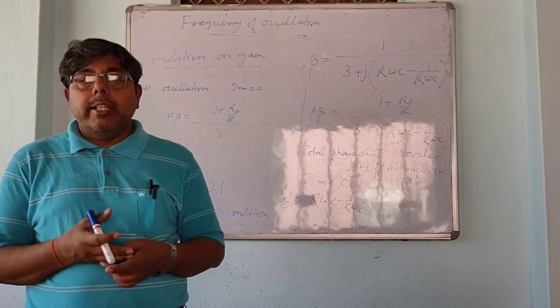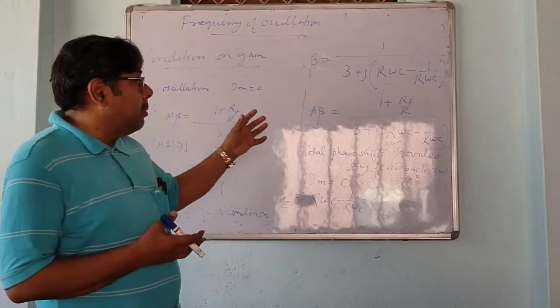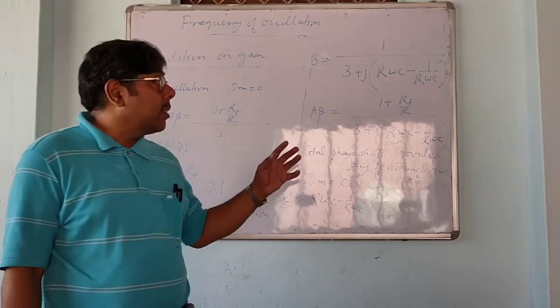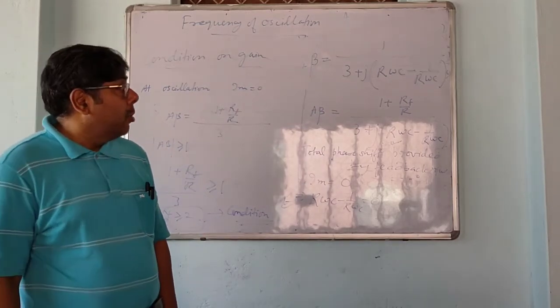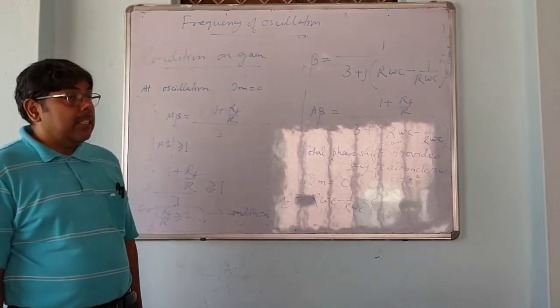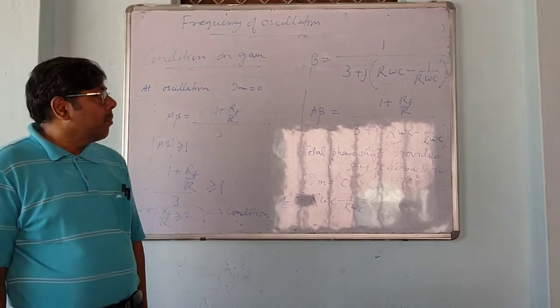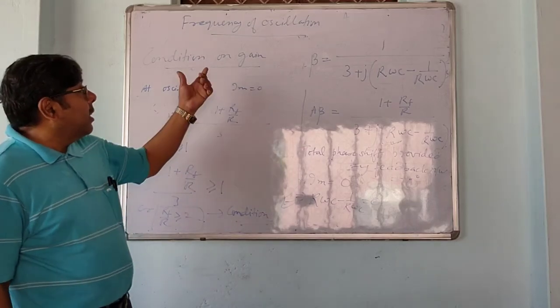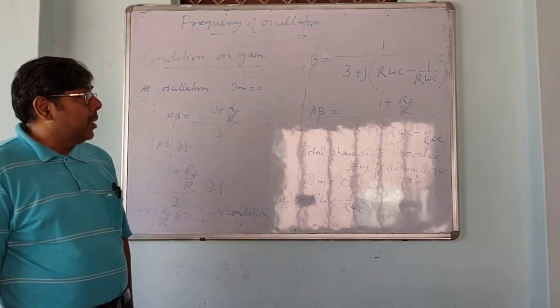So we can generate a variable frequency oscillation because we have adjustable values of capacitances and resistances in this Wien Bridge Oscillator. Whereas in RC phase shift oscillator, we have fixed values of RC. That's why we can generate variable frequency by using Wien Bridge oscillator.